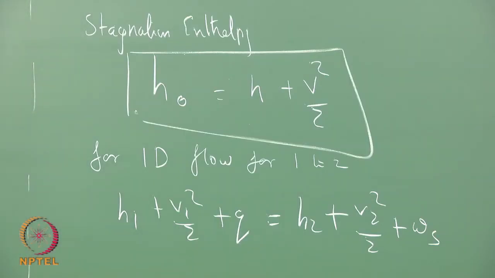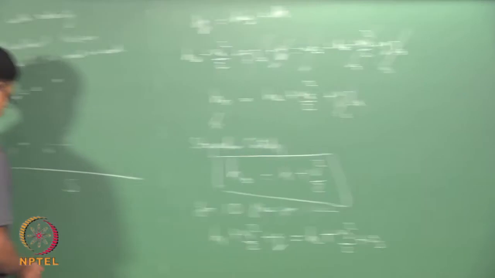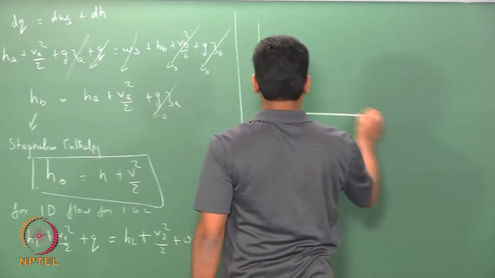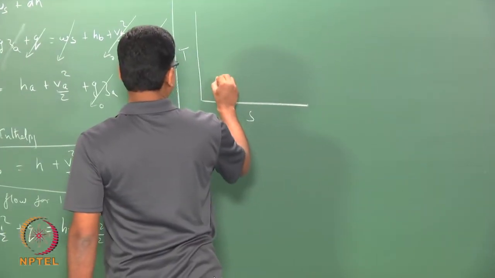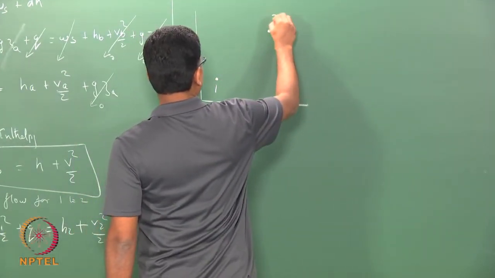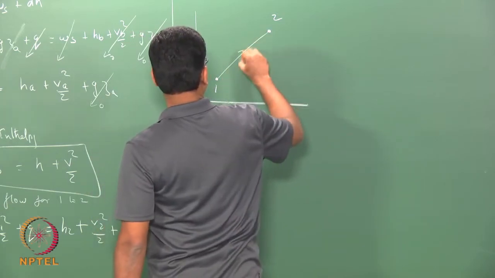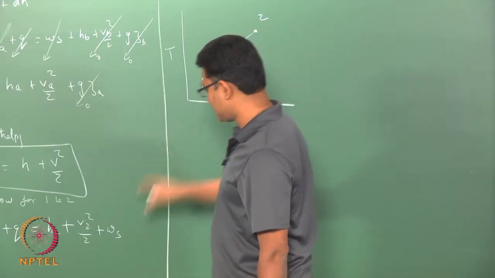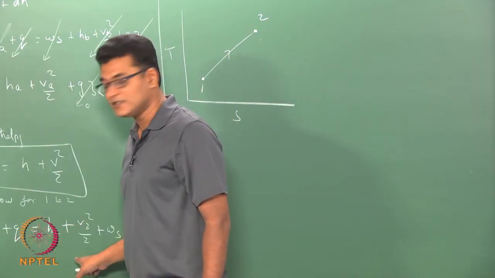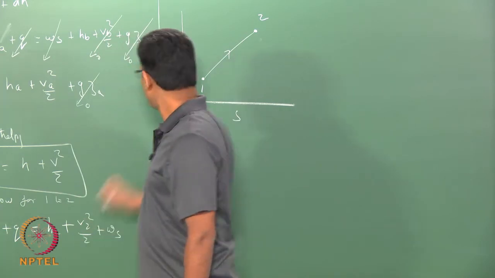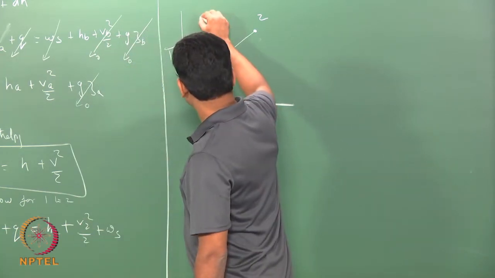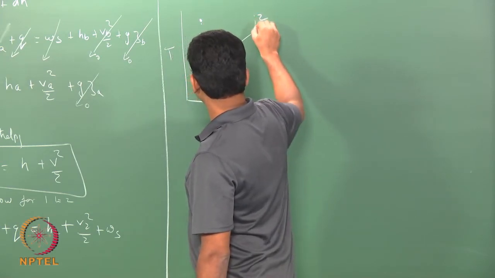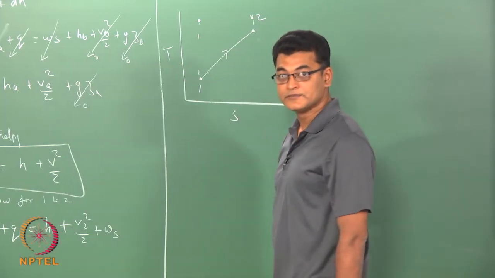This means I have a process from state 1 to state 2 in the TS diagram, and the energy is related in this particular fashion for 1D flow. Associated with 1 there is a stagnation point, and associated with 2 there is a stagnation point.